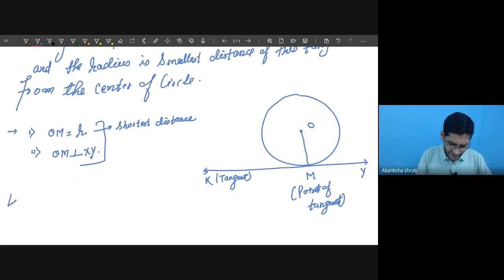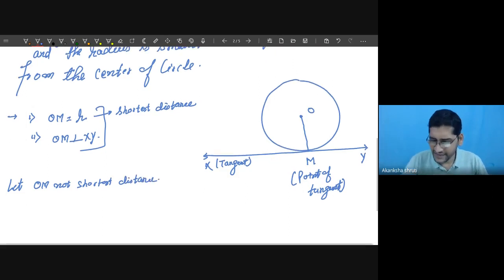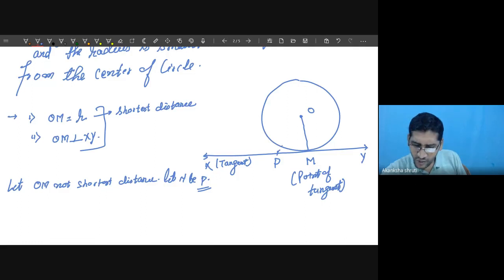So let OM be not the shortest distance. If we consider OM is not the shortest distance, then let us consider a point P somewhere at the shortest distance. Let it be P. Now, if we consider P, then join OP.